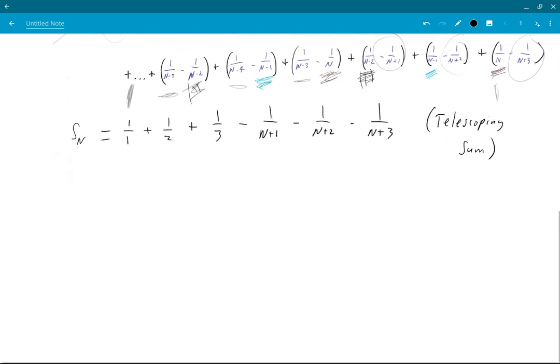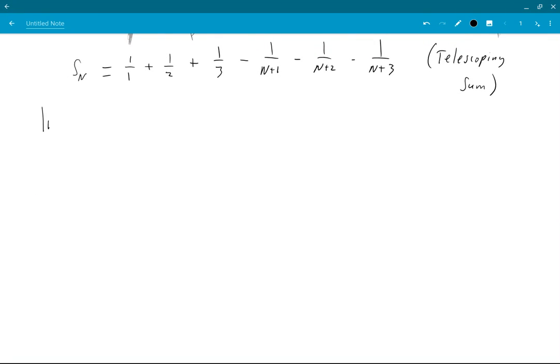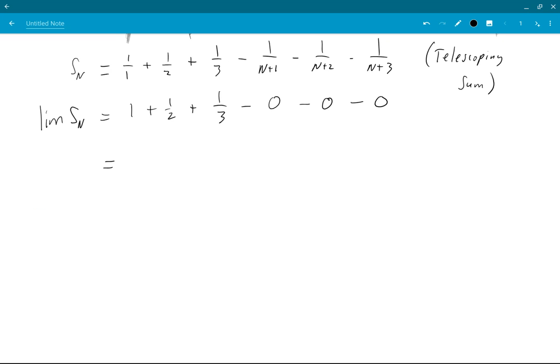Okay, this is nice because now I can just look at this last expression and say the limit of Sn, remembering limits of sequences are always as n goes to infinity, is just 1 plus a half plus a third minus 0 minus 0 minus 0. So that is 6 plus 3 plus 2 over 6, which is 11 over 6.